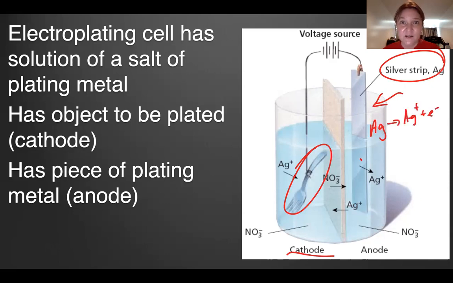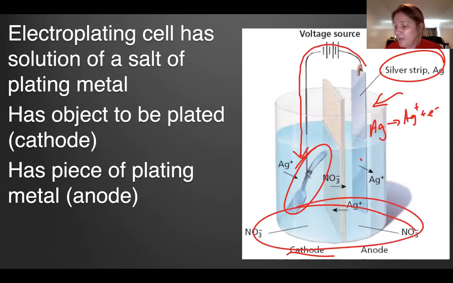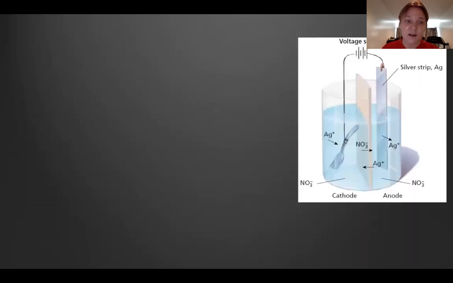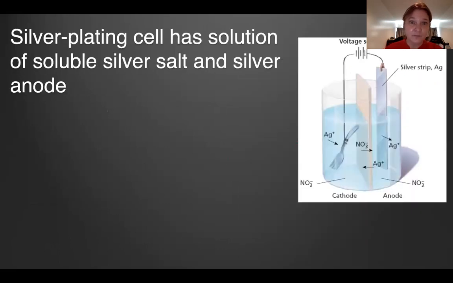We're forcing it to be oxidized. The electrons are going to travel to the fork. And then because it's in a solution of silver nitrate, on this side you have silver ions. So the silver ions are going to be reduced on this side. And that's why we have the fork there, because we want to plate the fork in silver.